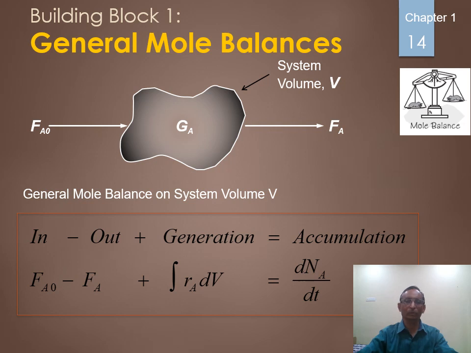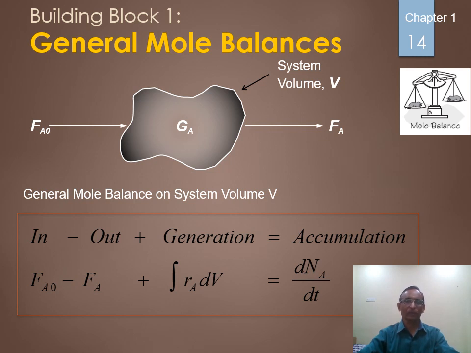Now we are going to solve this generation. This is a very important equation, the general mole balance equation. This is the general design equation for our main topic. In this chapter, we are going to learn to design a general equation for the batch reactor, CSTR and PFR.